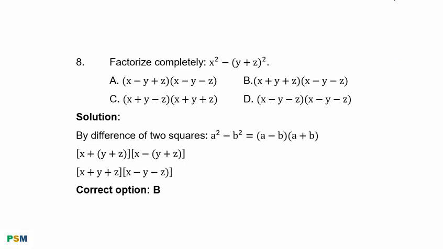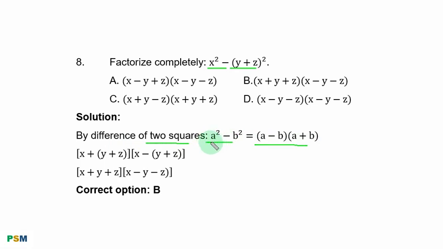Question 8, factorize completely. You have s squared minus bracket open y plus z bracket close square. Solution. By difference of 2 squares, if you have a square minus b squared, the factorization is equal to this.